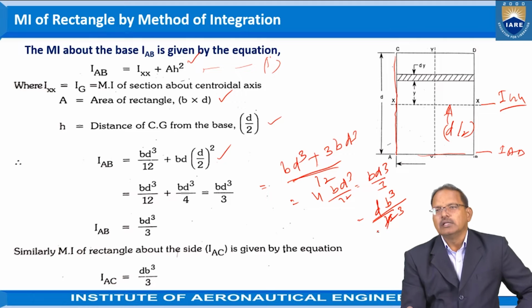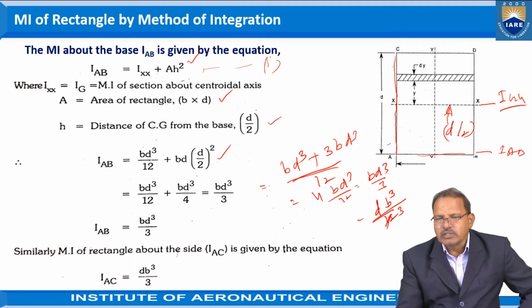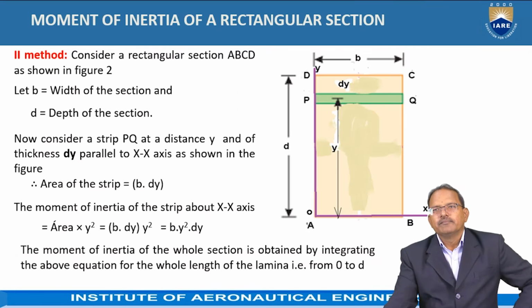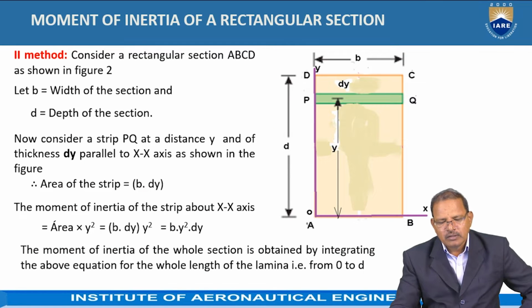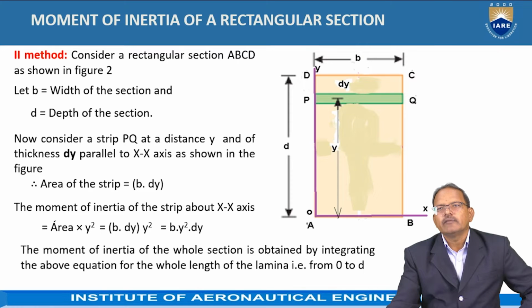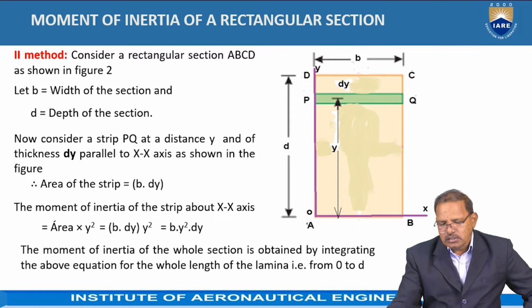So these are the equations generally used to determine the moment of inertia of the plane area about its base or centroidal axis. The second method: directly we can determine the moment of inertia of the entire area about its base AB.